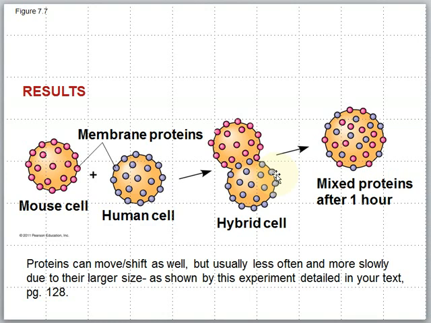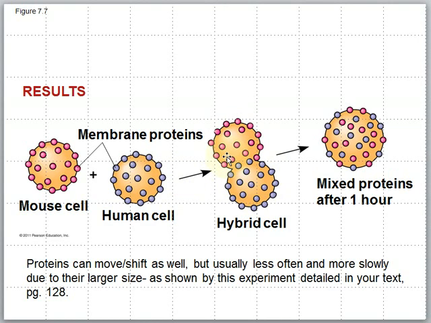Your textbook talks about an experiment where a mouse cell and a human cell were fused together, so their cell membrane layers fused to become one. There are mouse cell proteins that are specific to the mouse and human cell proteins that are specific to the human cell.